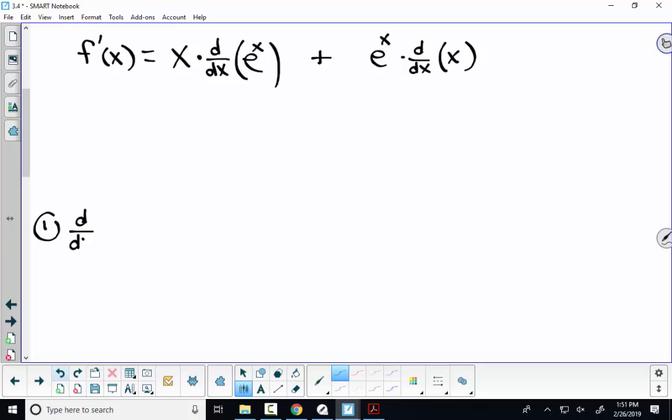And once we have those additional derivatives, we'll just plug them back in. So the derivative of e to the x is what? E to the x. And the derivative of x is 1.